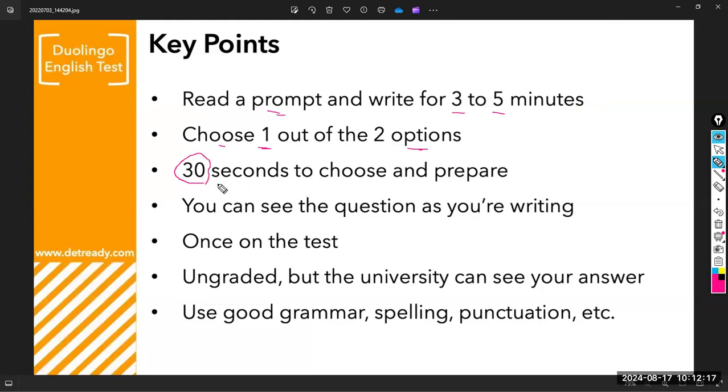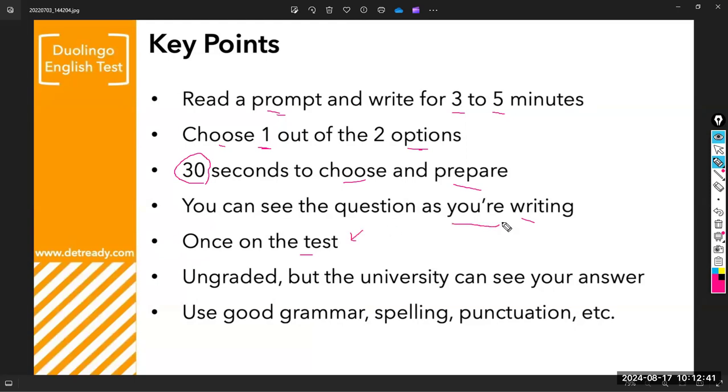This 30 seconds is really important. Why? Because in the 30 seconds, I have to choose the topic, and I have to be ready to start writing. You can see the question as you are writing. Absolutely, this kind of question is going to be shown only once in the Duolingo test.